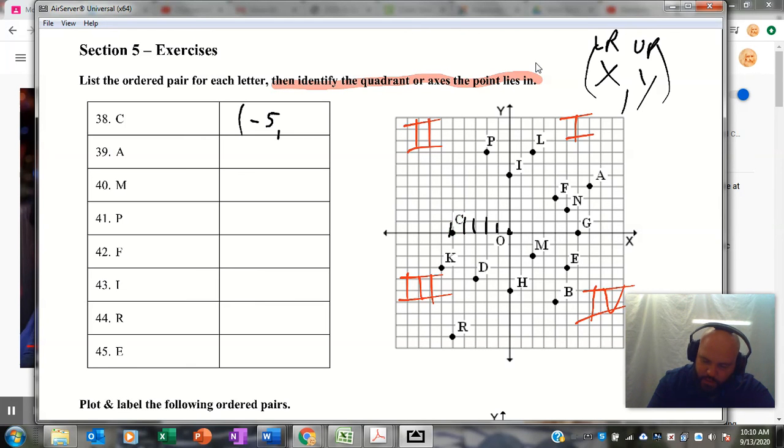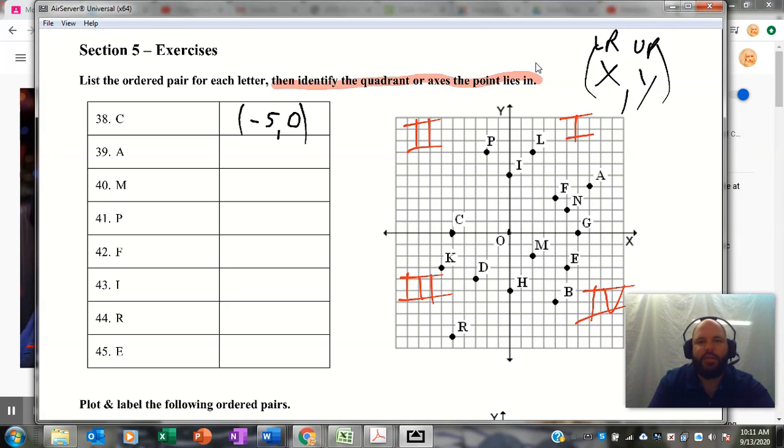Now from there, we need to determine how far up or down we need to go to get to point C right there. We only had to move left. We did not have to move up or down. Therefore, the y value here would be 0 because there was no up or down movement. So point C is at negative 5, 0.